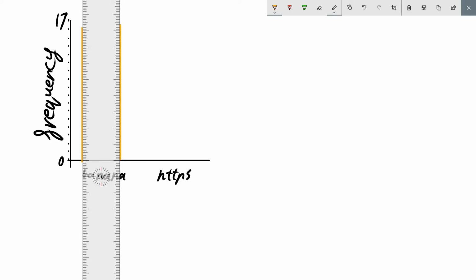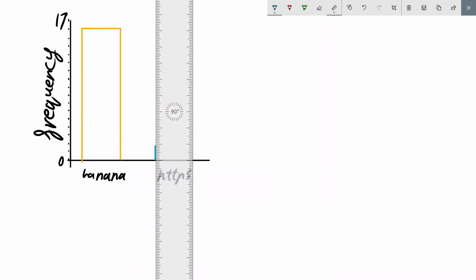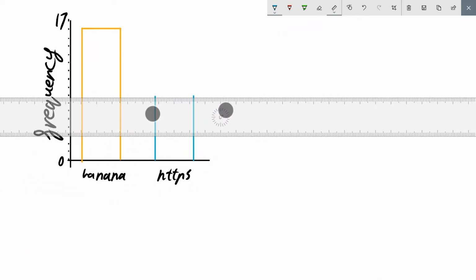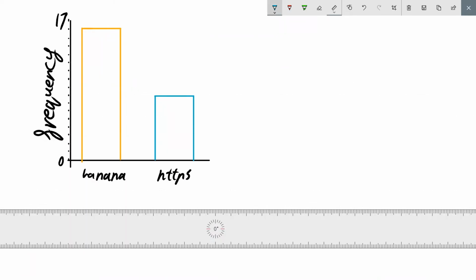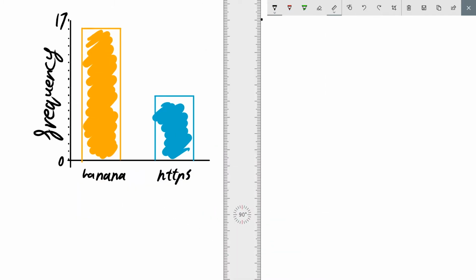The horizontal axis will be our categories. So we'll mark our vertical axis from 0 to 17. You can put it to 0 to 16 if you want, but if we go from 0 to 17, we have some extra space. Then label our horizontal axis with two categories.